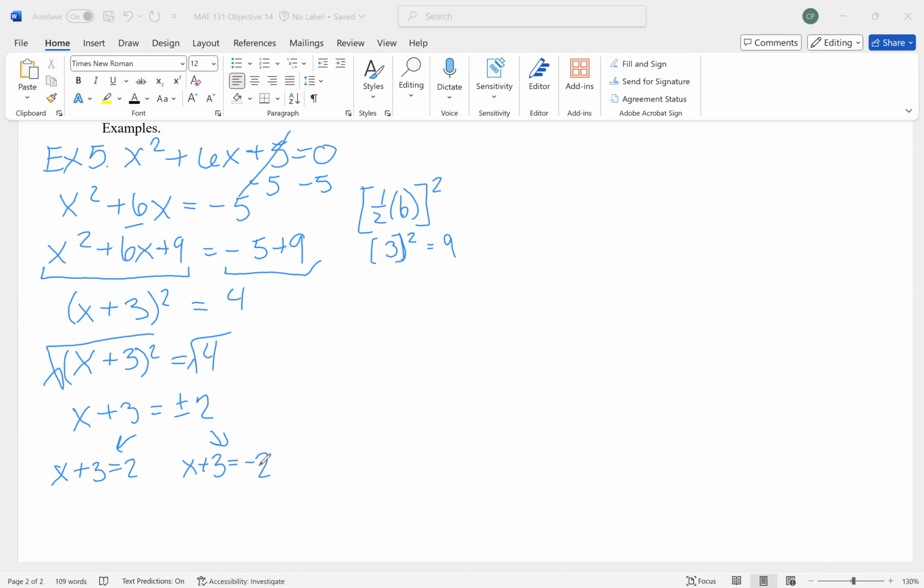When I subtract 3 on both sides, my first x is going to be negative 1, and my second x is going to be negative 5. Okay? Hopefully that makes a little bit more sense.